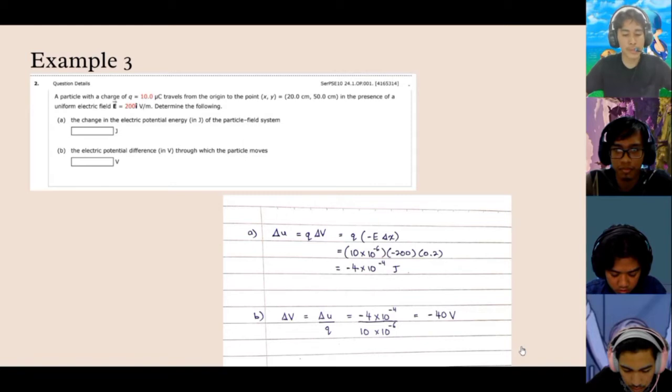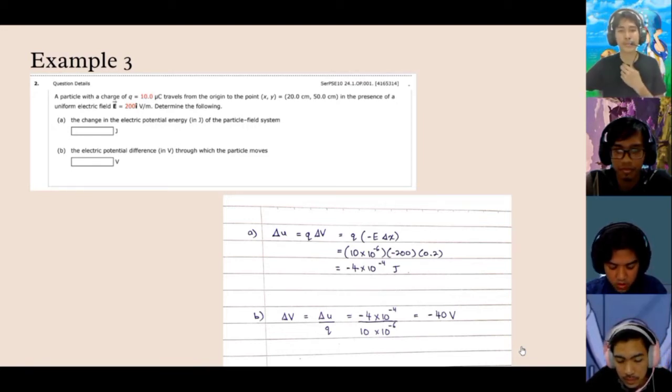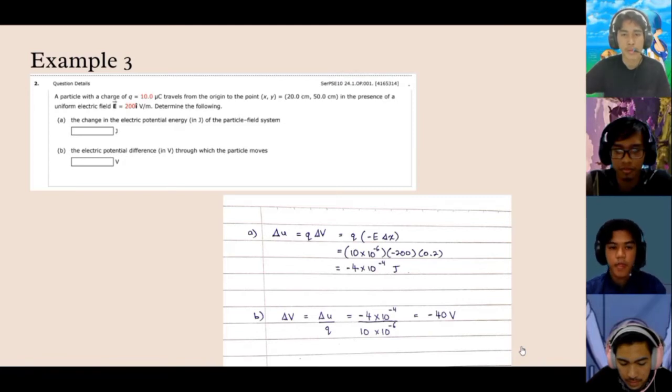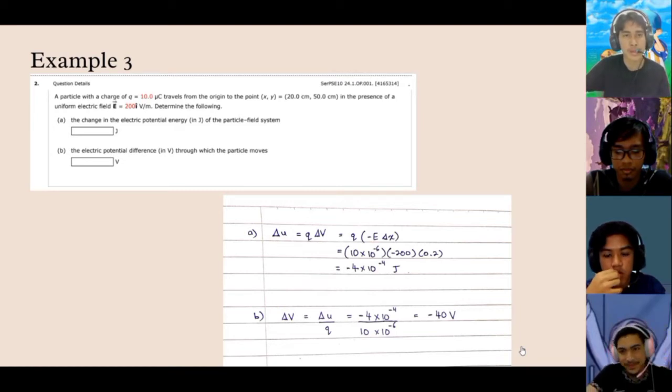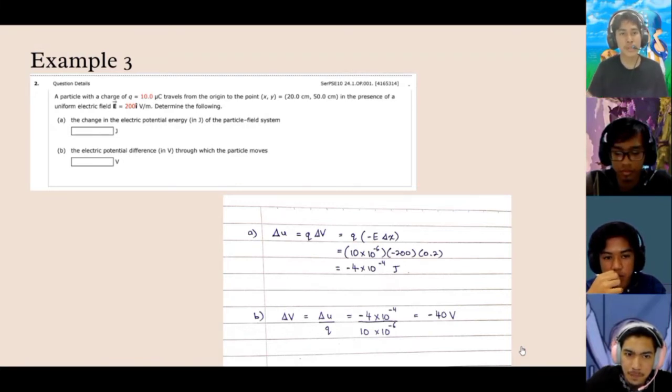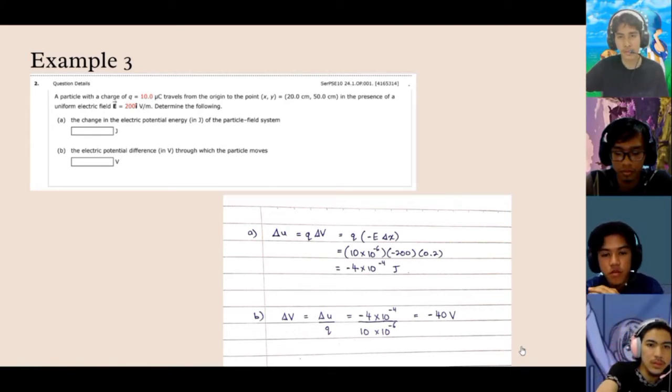To find the potential energy, we know that potential energy is equal to charge times electric potential. The charge is given in the question, which is 10 microcoulomb, and since the particle travels from the origin to the point (x, y) in the presence of a uniform electric field 200 i, the delta V is equal to negative E times delta x.